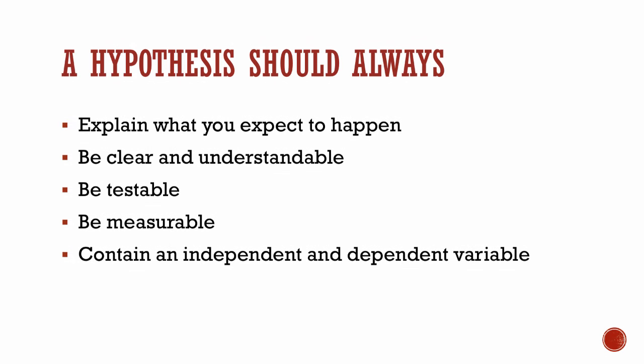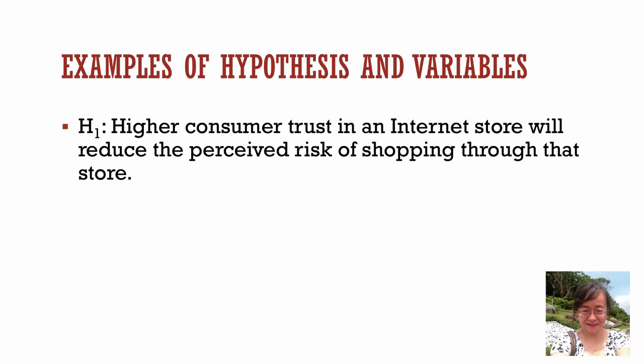Here is one example of a hypothesis. Higher consumer trust in an internet store will reduce the perceived risk of shopping through that store. This hypothesis implies a relationship between two variables. Which two? One is consumer trust, and the other is perceived risk.